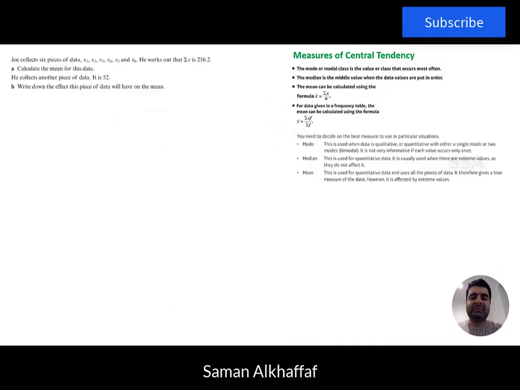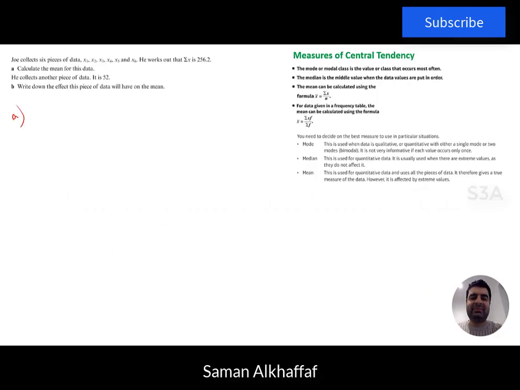In this example, we have a question where Joe collects 6 pieces of data, x1, x2, x3, x4, x5, and x6. He works out that the sigma of x is 256.2. So first we need to calculate the mean of the data.